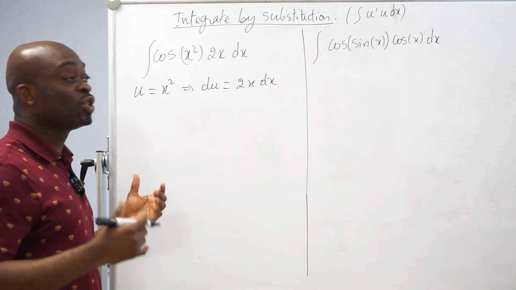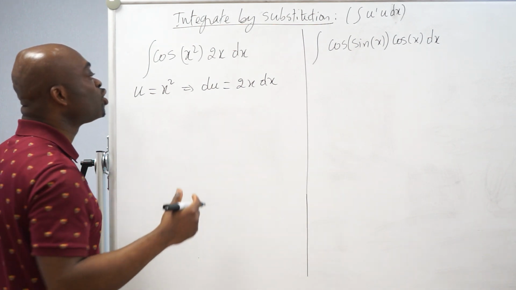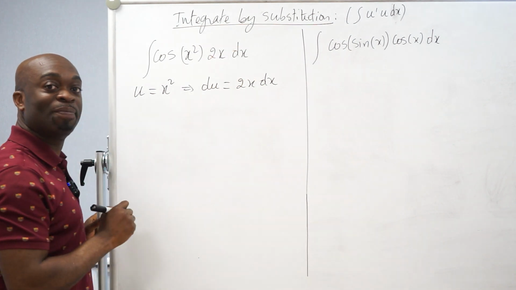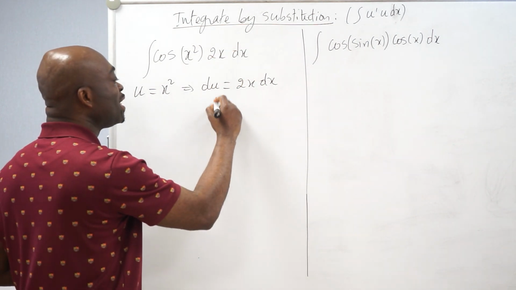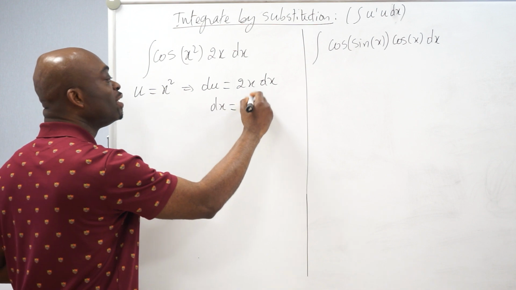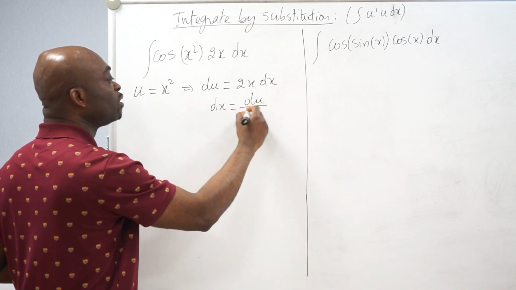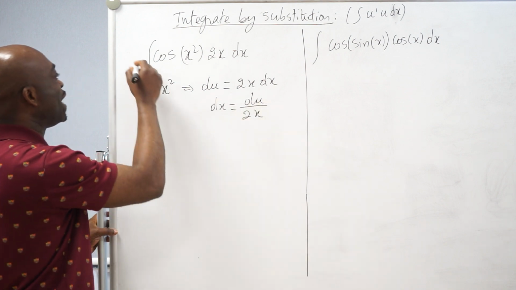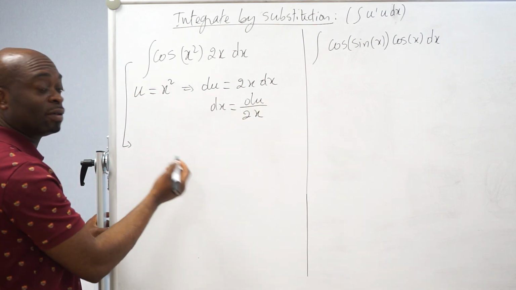But what are we solving for here? We're definitely solving for dx, because the same dx is what we're going to substitute back in there. So what will give us dx? dx is going to be du over 2x.